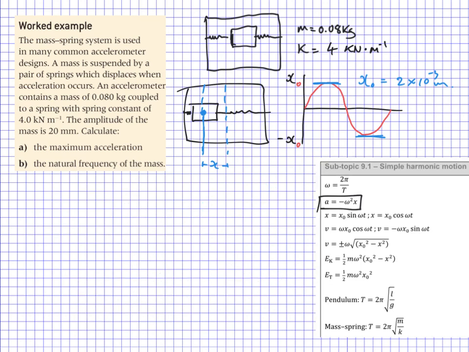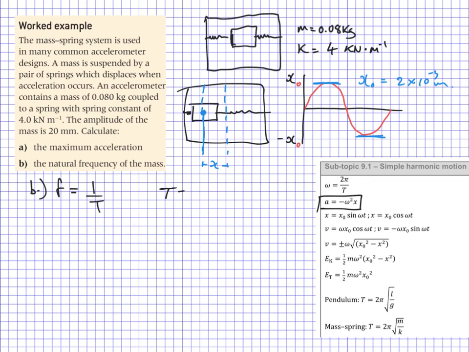Okay, so for part B, now we need to work out the frequency of the mass. Well, we know that the frequency is the reciprocal of the period, and we know the period appears in our spring equation down here. So let's just go ahead and write that out as well.